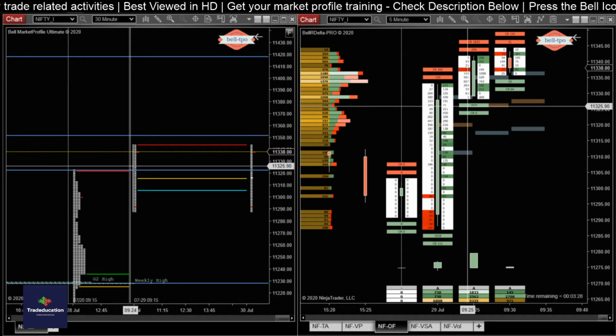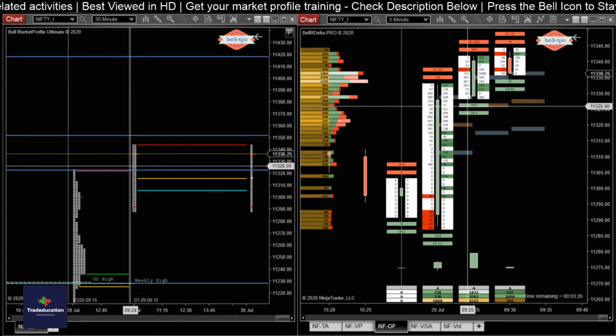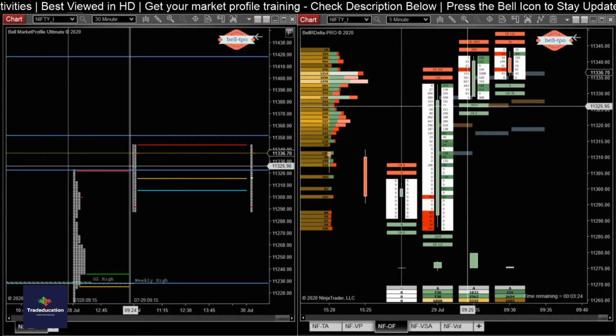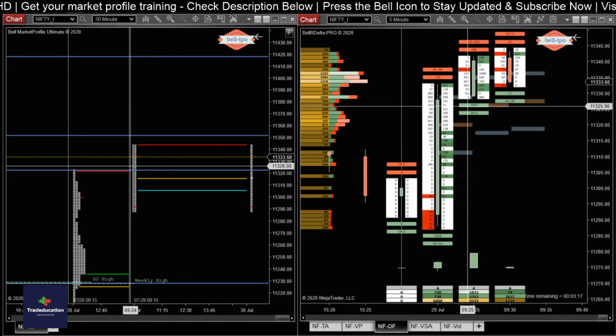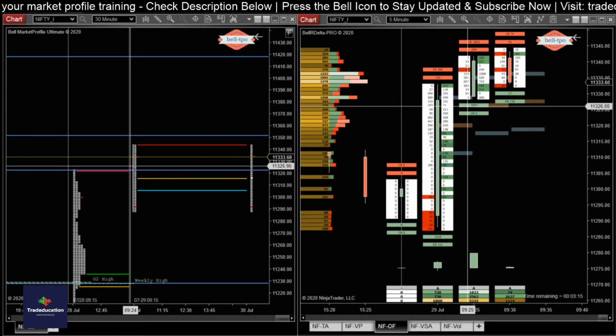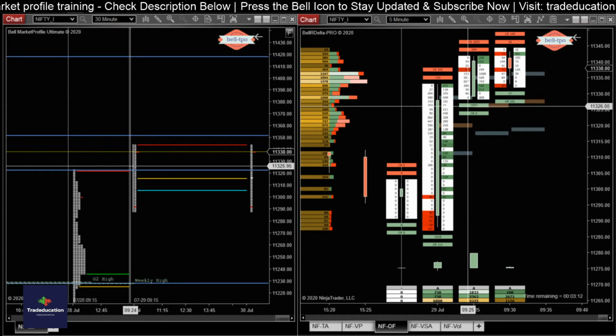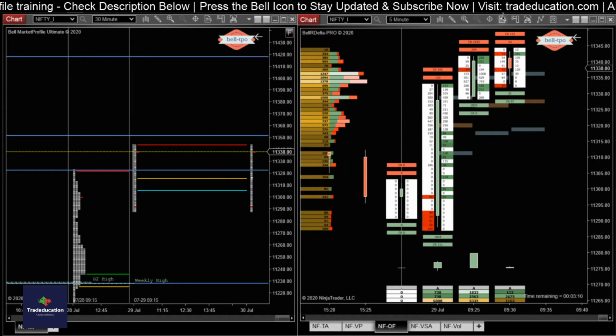So 11,326 is the level where again a pullback or a buyback opportunity will come in. And that is some points below the VWAP. So 1 point or 2 points below the VWAP.